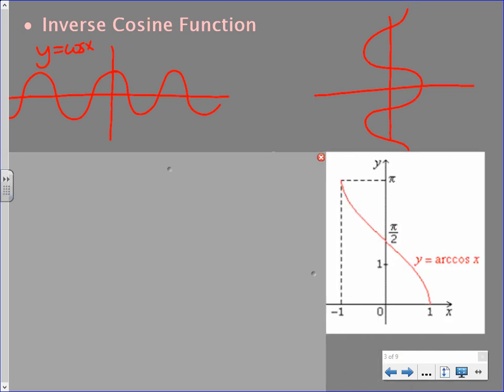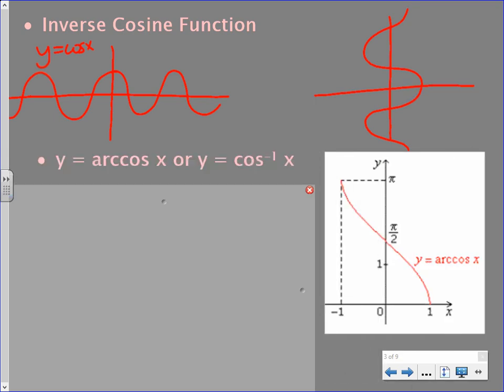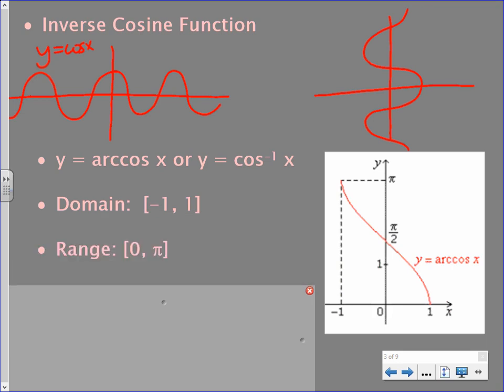Our inverse cosine function is restricted like this. Okay? This piece is a function. All right? So what ends up happening is that our inverse cosine has a domain of negative 1 to 1, just like the inverse sine, but a range of 0 to pi.